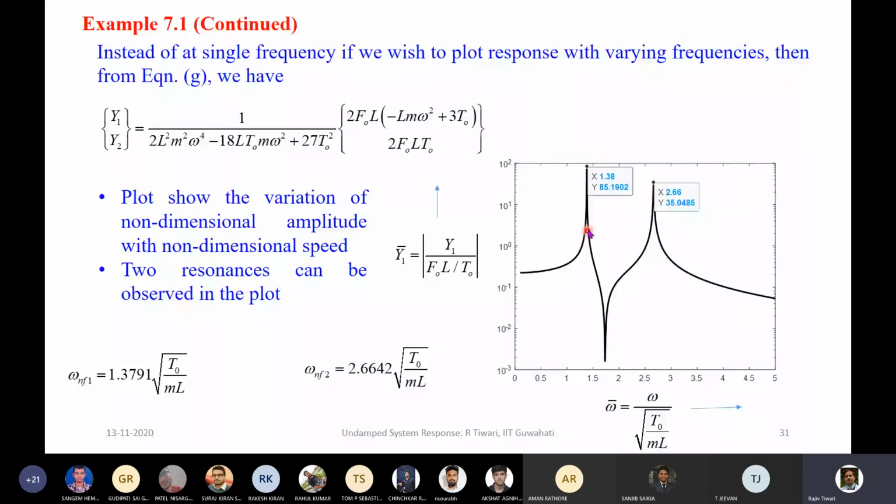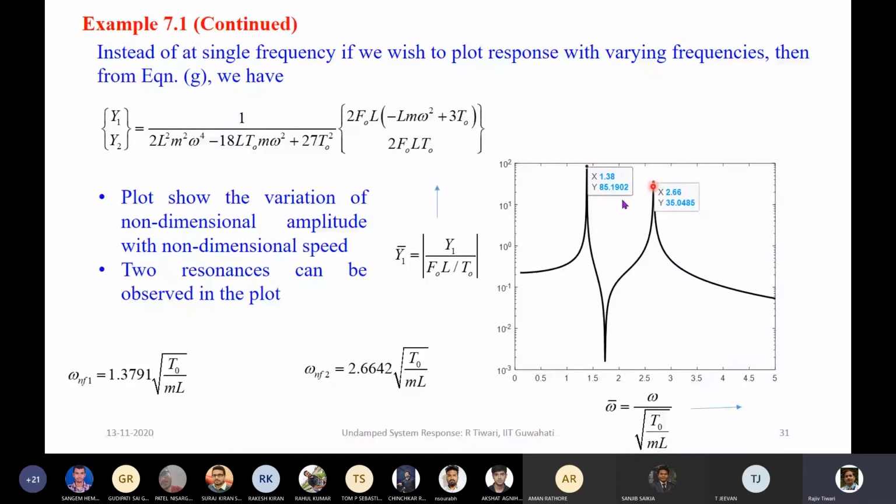And the corresponding frequency is nothing but 1.378, approximately 1.38, and omega 2 corresponding to this spike is around 2.66. So these are the resonance conditions.